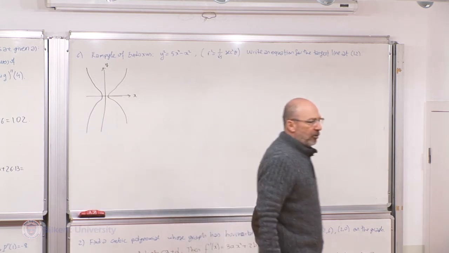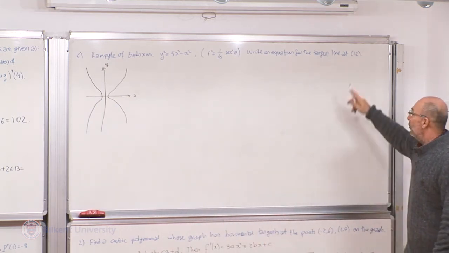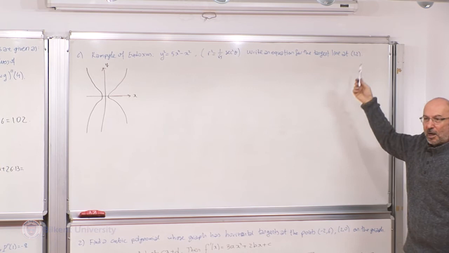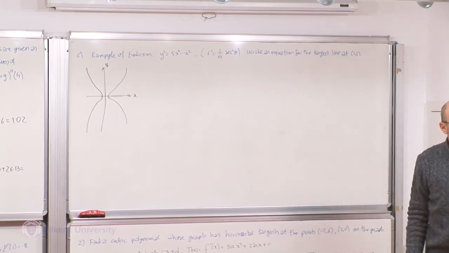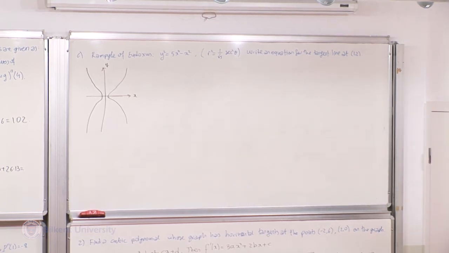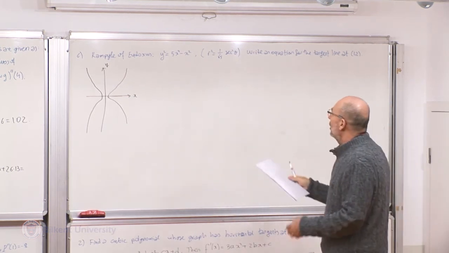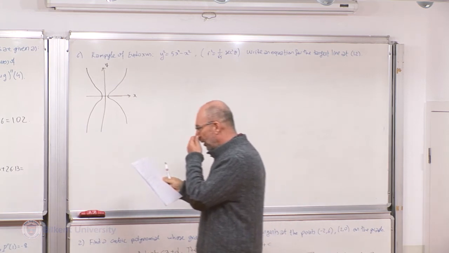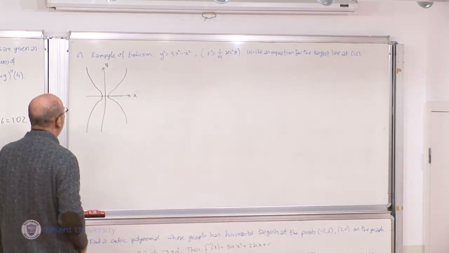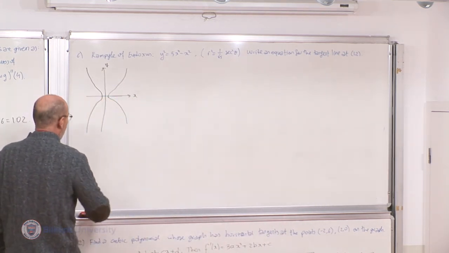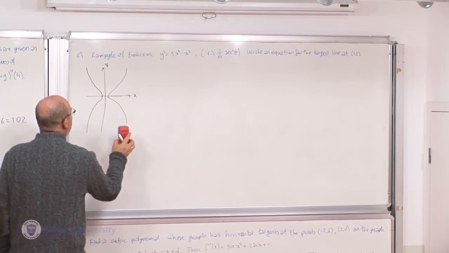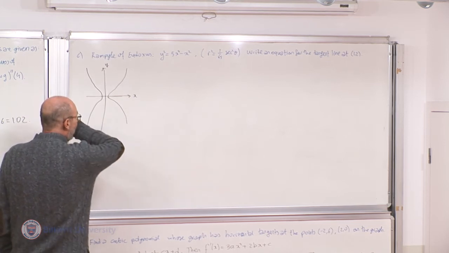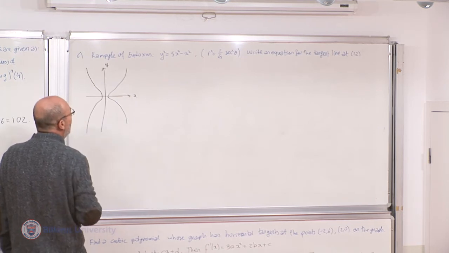For this kind of problem, first you have to check where this point is. If this point is outside the graph, then you have a totally different problem. When x is equal to y equal to 0, they touch each other at 0.